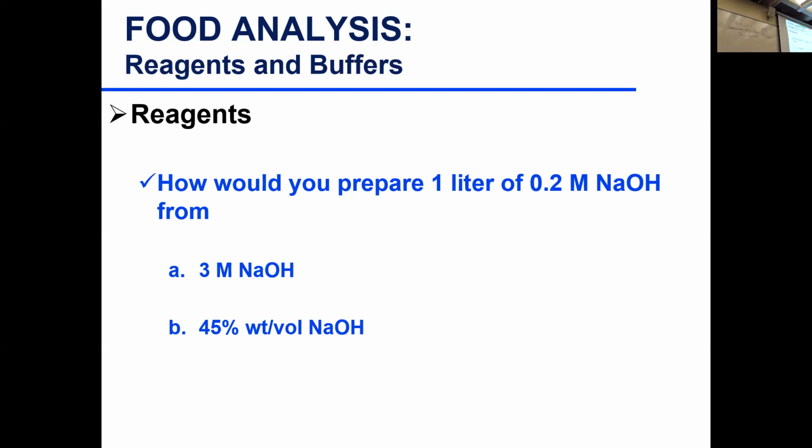Okay, so you have the molecular weight of NaOH, you have the percentage, grams per 100 ml. Using this data, how can you convert that to molarity? What would you do? You have an approach you would like to share?